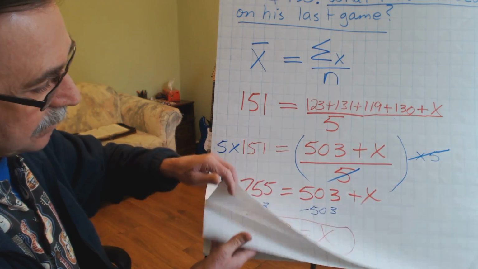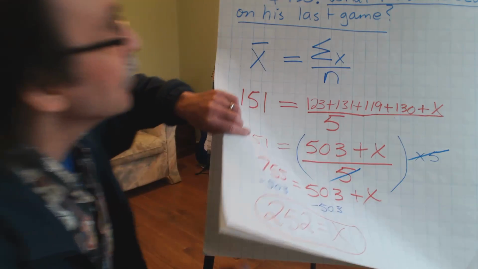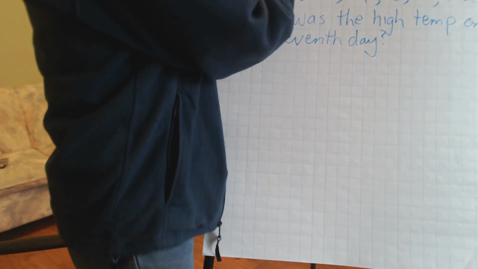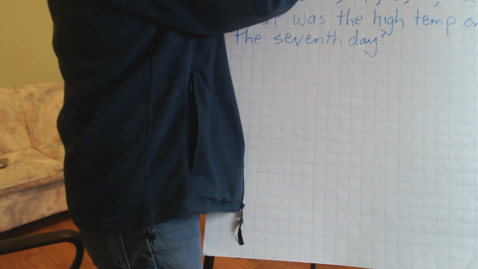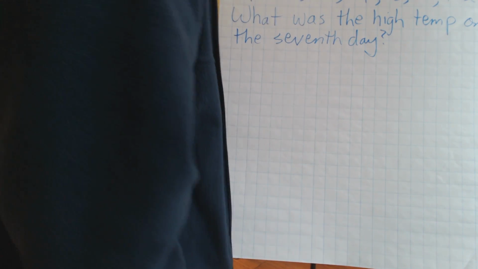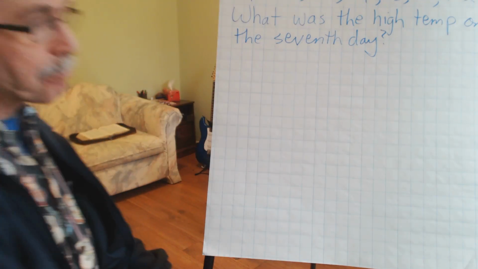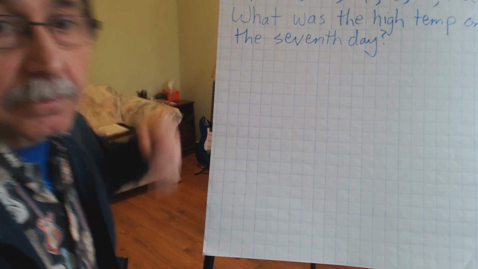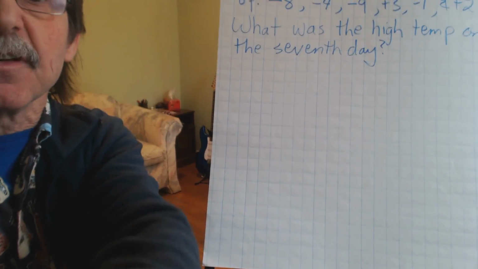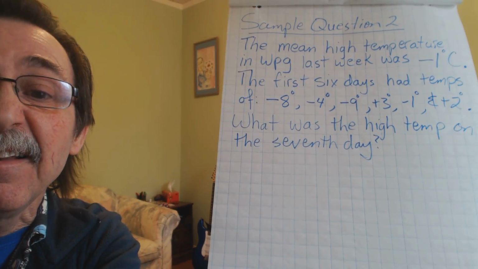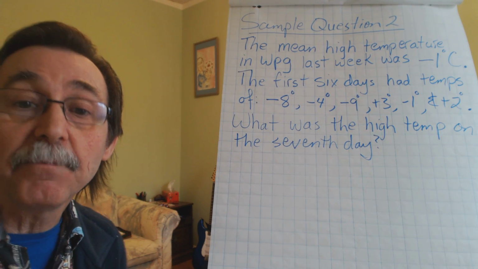Alrighty? So, I'll give you one more sample question and then your teacher will hand out an assignment. Okay, so let me adjust this guy here again. Sample question 2.